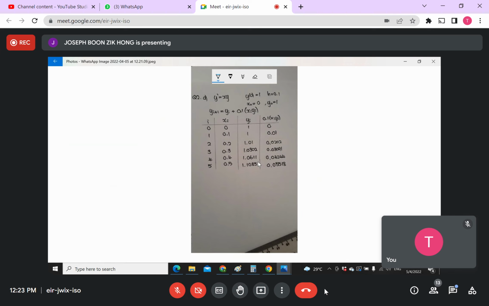So the next one will be 1.0611 plus 0.04244, correct. So up to this point, correct.